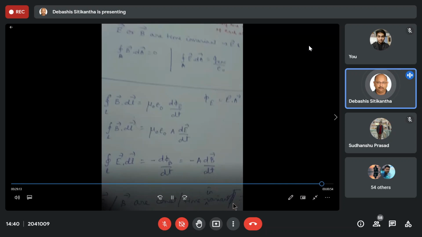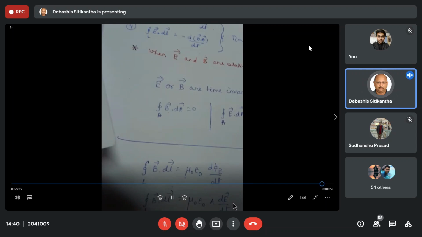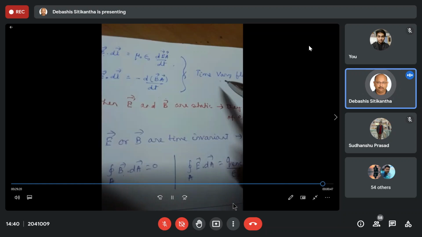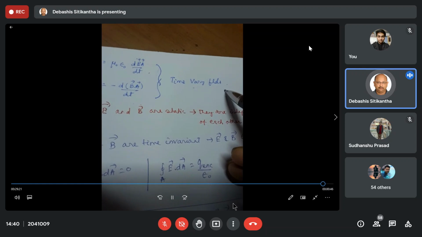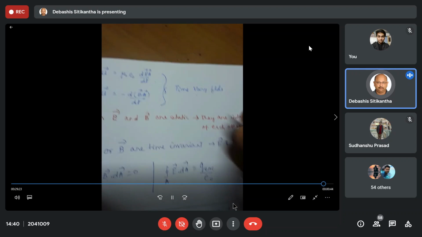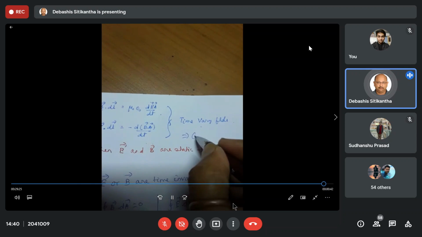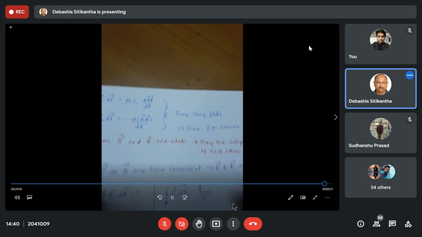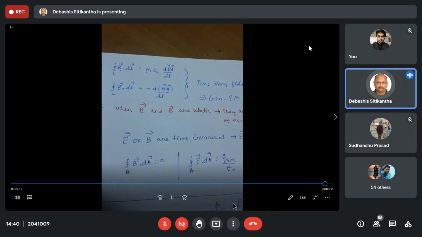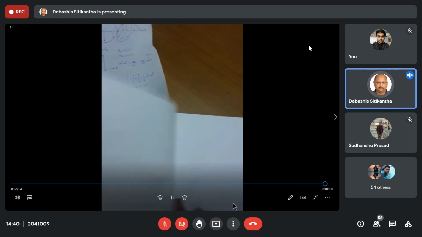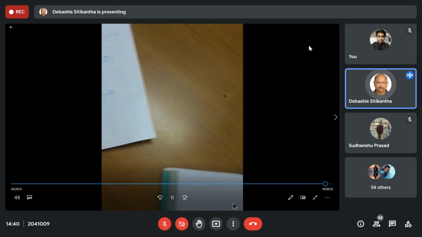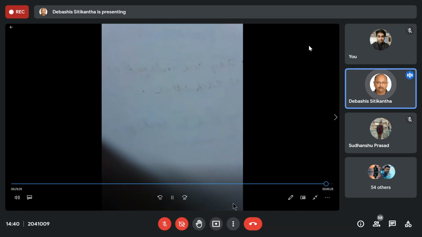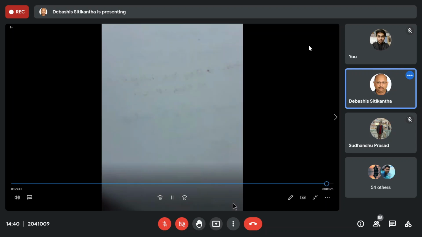So at least we concluded that from these two Maxwell's equations, time varying fields are going to be generated, and this leads to the generation of electromagnetic waves. Okay, so we can say that the generation of electromagnetic waves is because of time varying electric field or magnetic field. Now, just hold on.